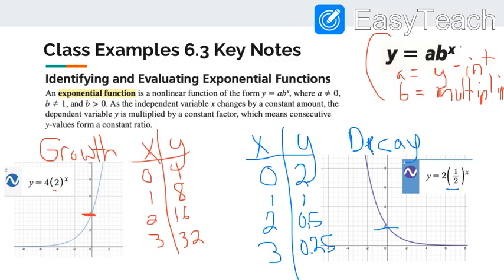So this is a lot to write down. I know you don't need to write down as much here, but you should write down the core topic, that this is the exponential function, and that there are things called exponential growth and things that are called exponential decay. Notice how the multiplier, if it's more than 1, it's going to grow, and if it's less than 1 but more than 0, it's going to decay.